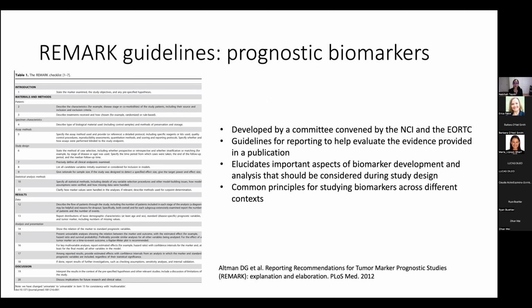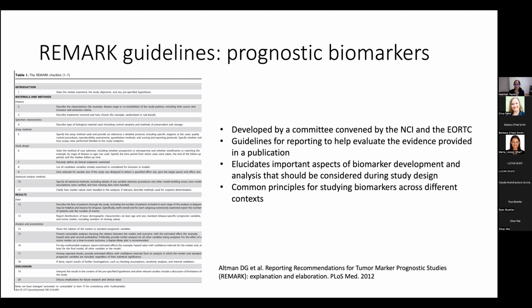The REMARK guidelines were developed to improve the publication of results. By making sure that people fully report how they evaluated the biomarkers, the specimen collection, all these factors we've been talking about, it allows us to truly evaluate whether the biomarker has the clinical utility it's proposing.